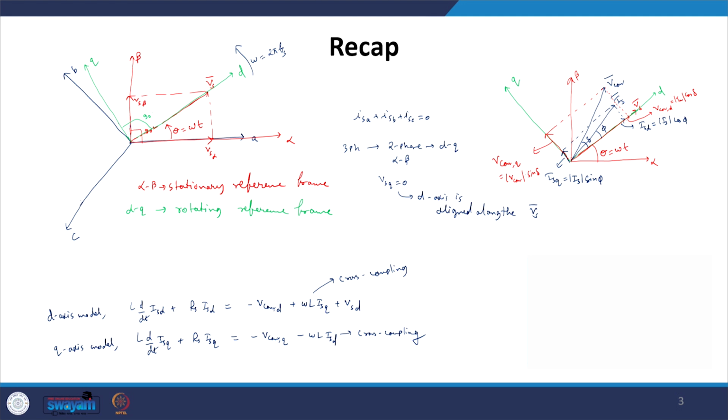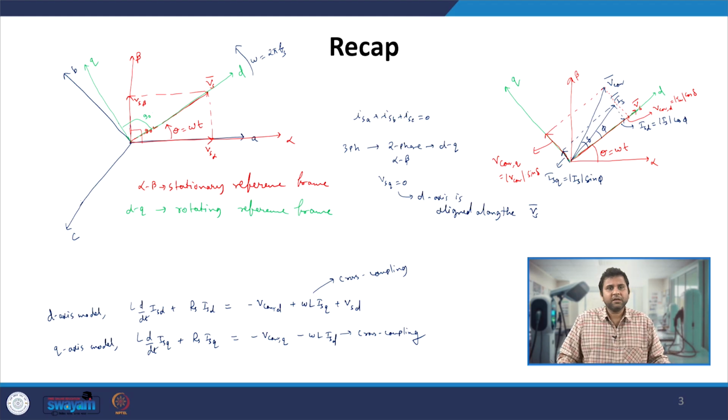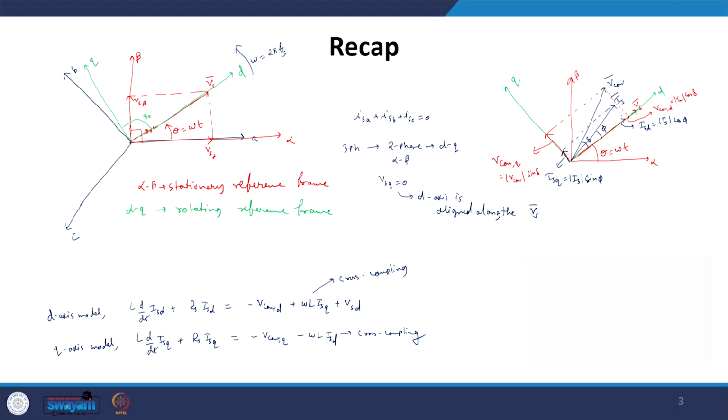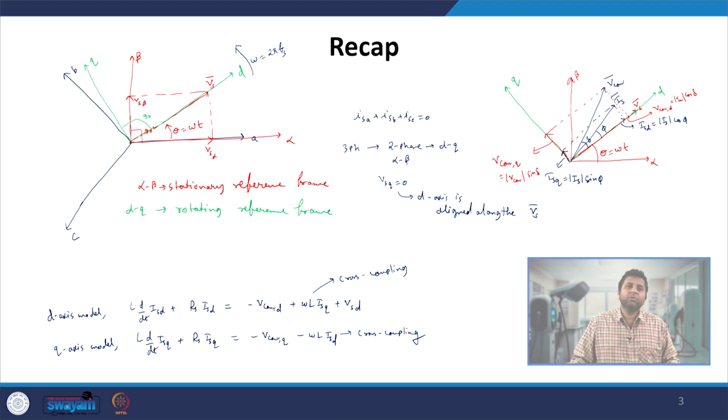Similarly, we then defined another reference frame called the DQ reference frame, also called the synchronous rotating reference frame, because we align our D axis along the rotating voltage space vector. By making sure the component of the Vs space vector along the Q axis is equal to 0, we can ensure that the D axis is completely aligned along the voltage space vector.